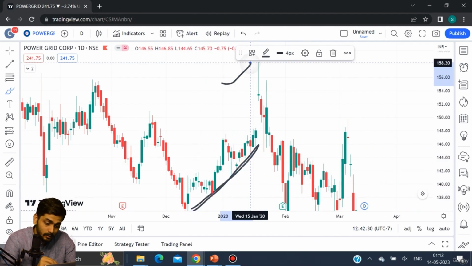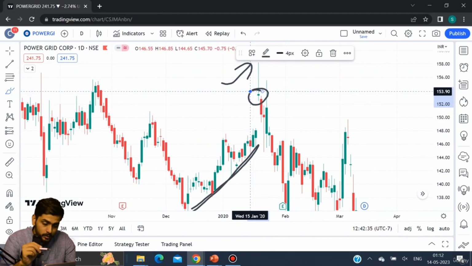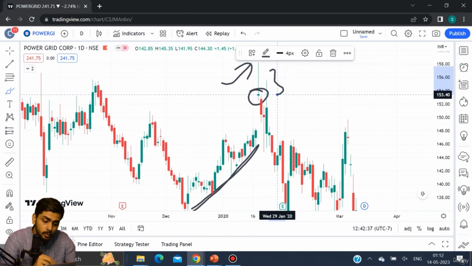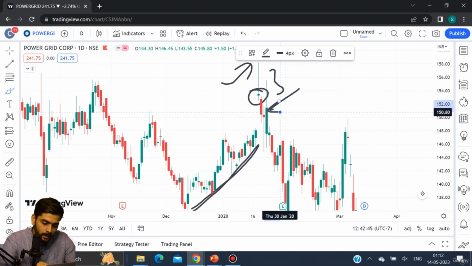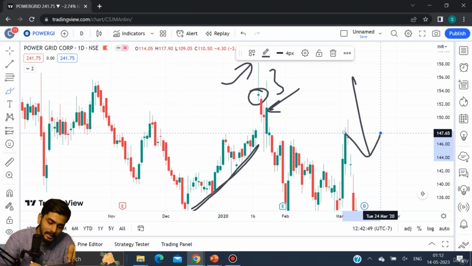Then the next day it opened gap up and made a doji with a huge wick. Uptrend fulfilled, wick fulfilled. Next day engulfing candle fulfilled. What will we do? 3 ticks, we will take the trade, and we will make good profits.